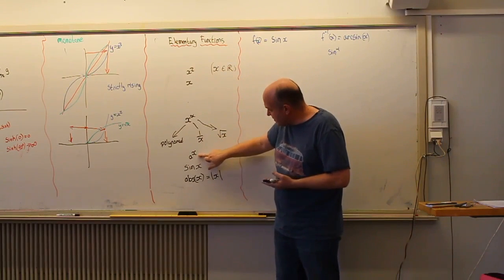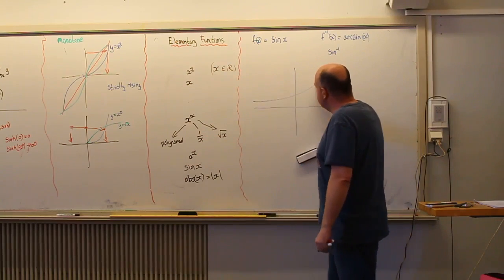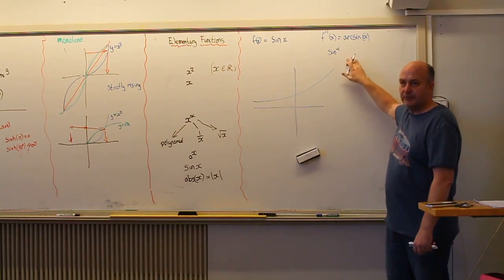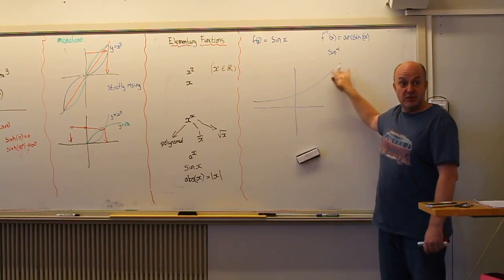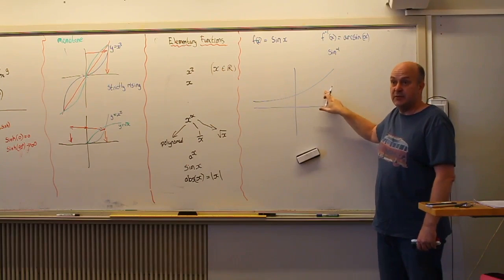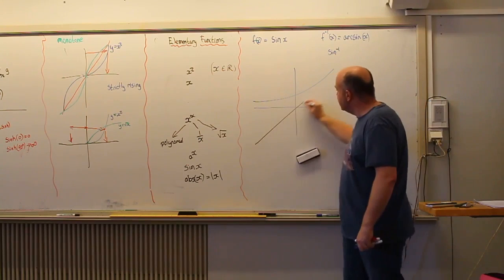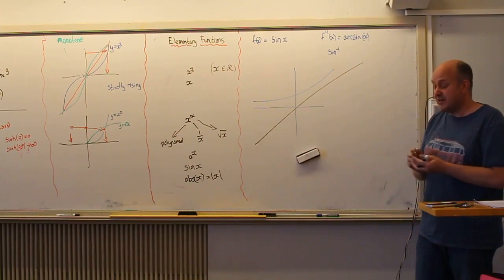So these ones, like exponentials, would be a function that might look like this. It's strictly monotone, very clearly, and it's continuous. Which means that the inverse to this has to be a continuous function. And because it's strictly monotone and continuous, we take this line here, y equals x.